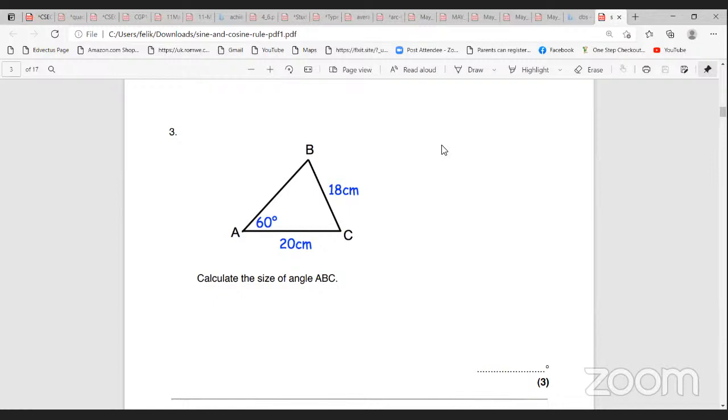A, Miss. Oh, but we already know A is 60. So it's not A. So which one? How do we know which angle they're referring to?